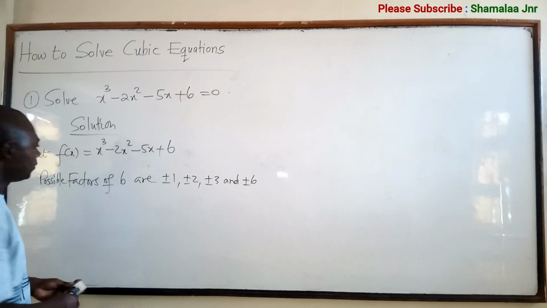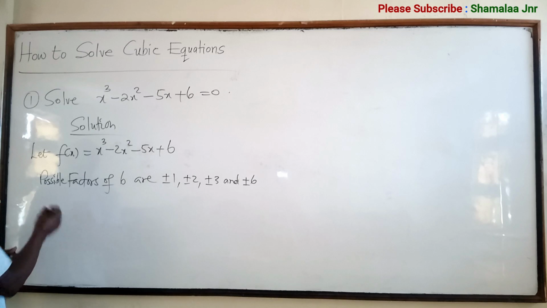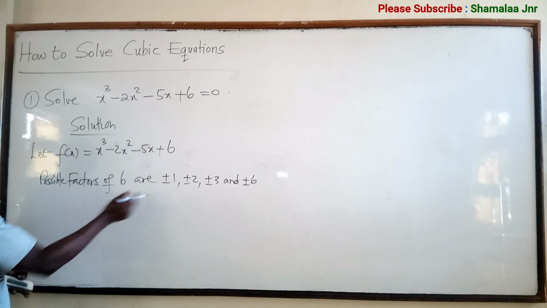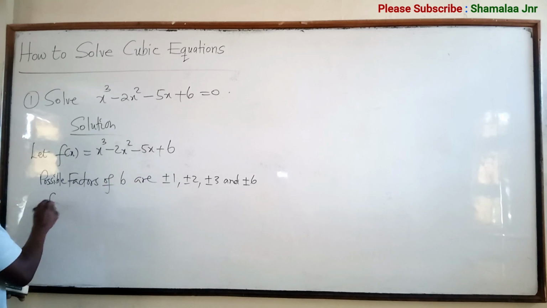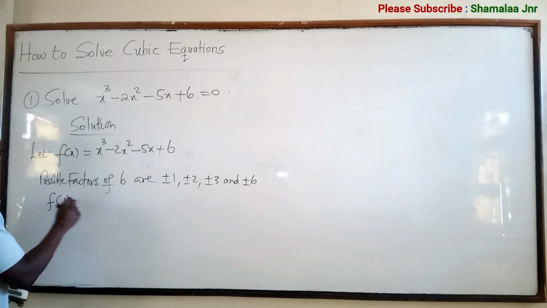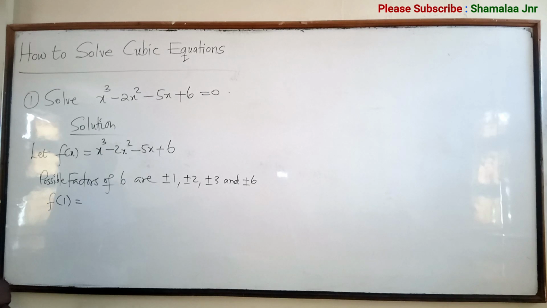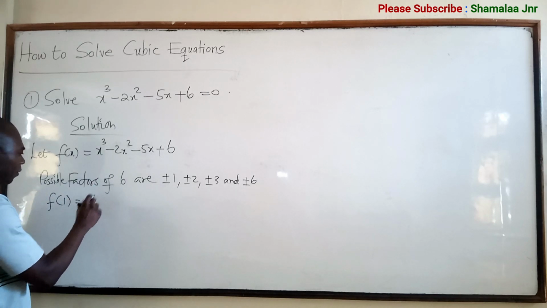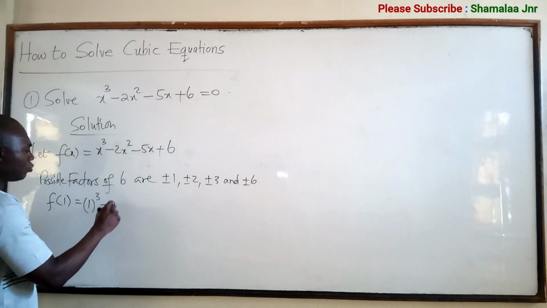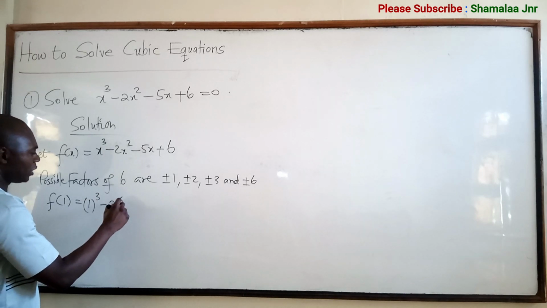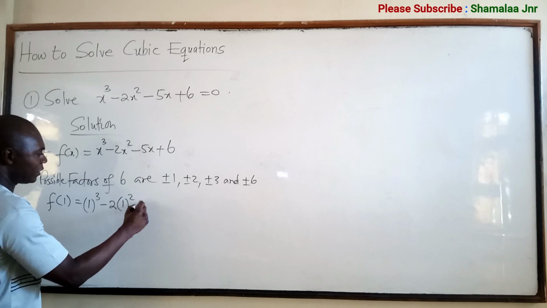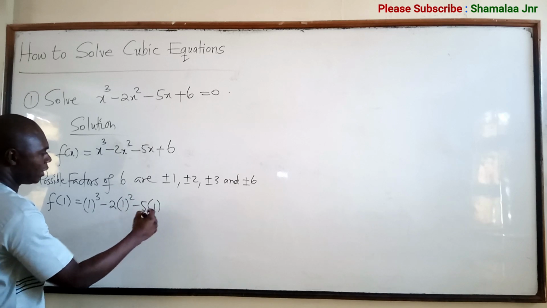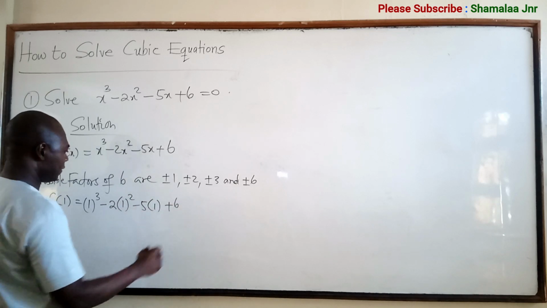Yes. So, for example, you can try to put 1. These are the factors. You can say f of 1. If you put 1, then what this means is that this is going to be 1 raised to the power 3 minus 2 times 1 raised to the power 2 minus 5 times 1 plus 6.